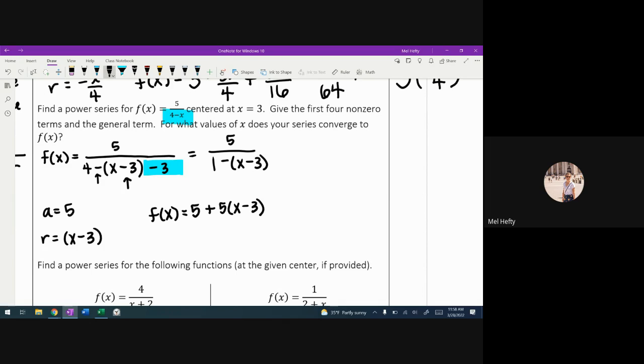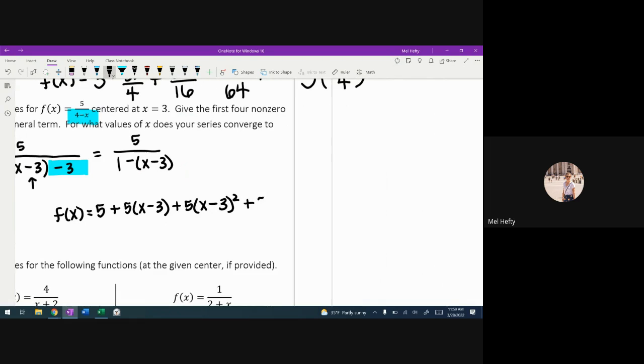Remember, for most of these, we want to see x minus the center in every single one of our terms. All right, Lily's claiming 5 times x minus 3 squared. Did she multiply by x minus 3 correctly, preserving our x minus the center? Beautiful.